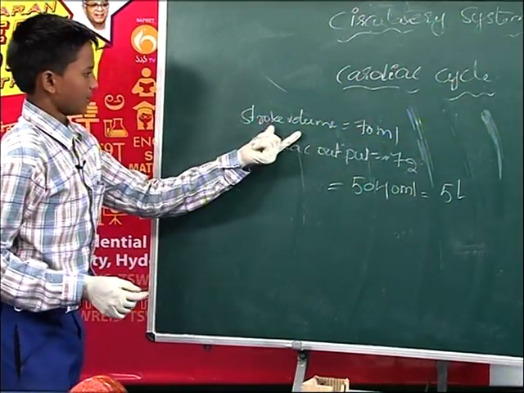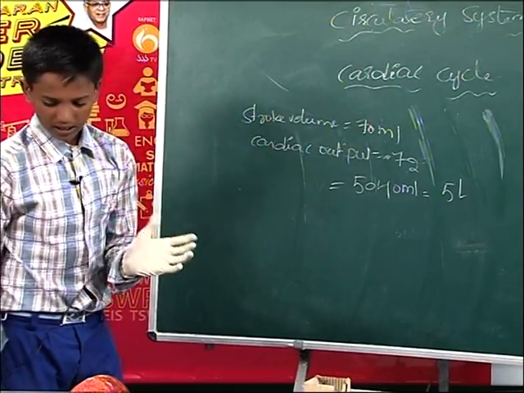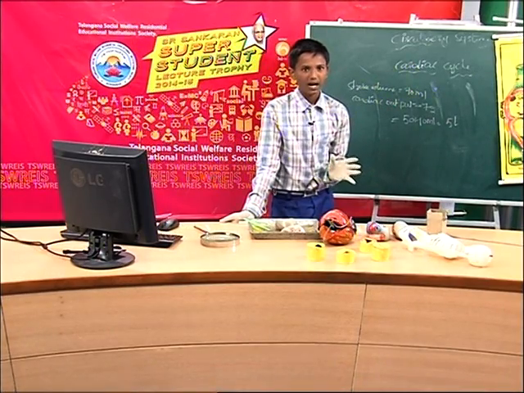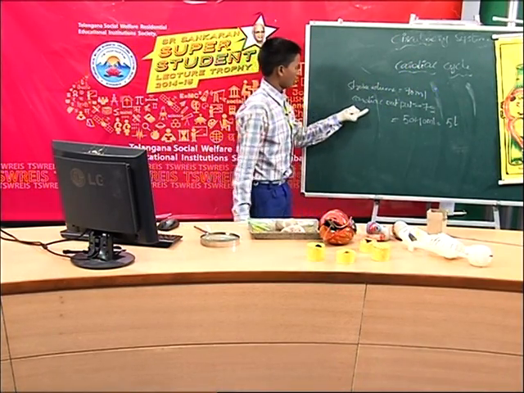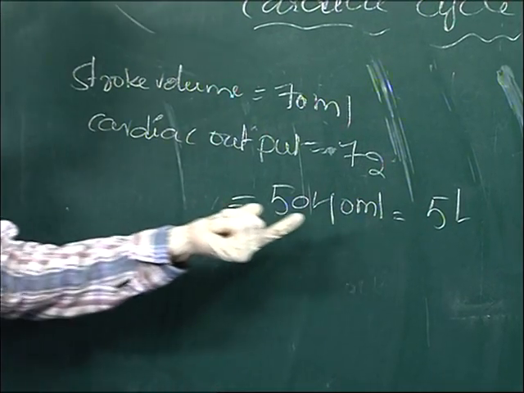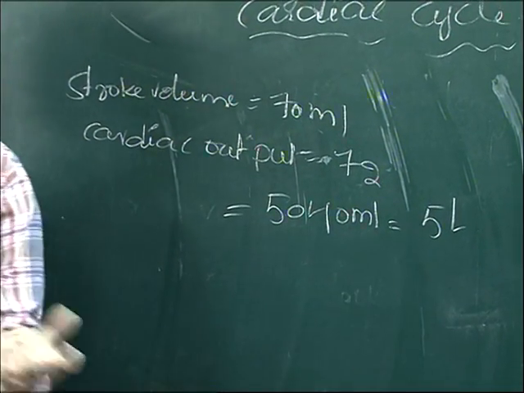So our heart pumps 5 liters of blood in 1 minute.